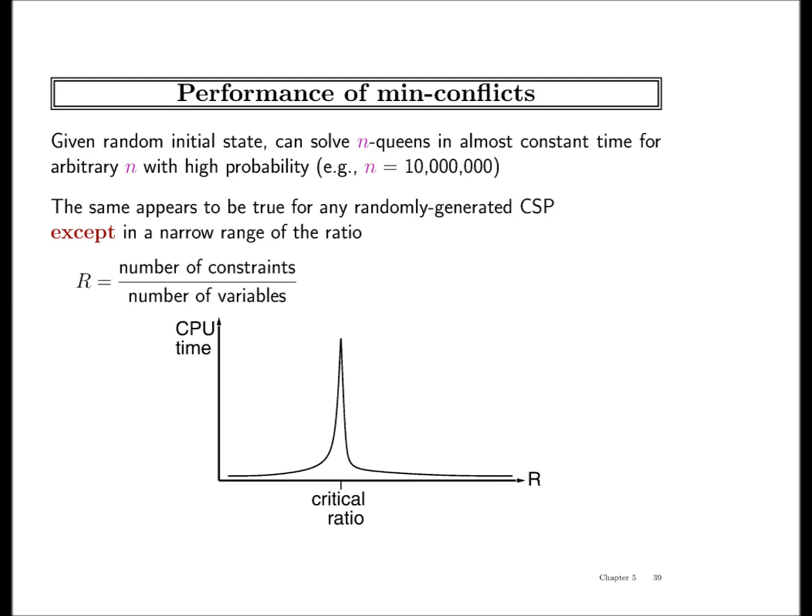As my number of constraints increases, my problem will tend to become unsatisfiable, right? And as my number of constraints reduces, my problem will tend to become extremely easy to satisfy. But as I increase my ratio, the problem goes from extremely easy to extremely easy in the other direction.